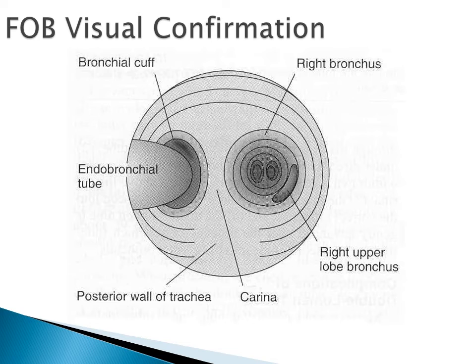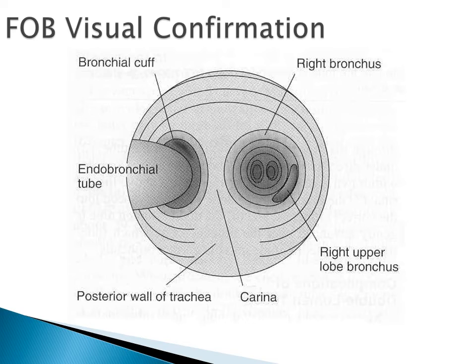There's your endotracheal side of the tube. That's the balloon. Now you're looking into the right. Now you're never going to see this. It's never going to be this pretty. But there's your upper lobe takeoff, and then your middle and your lower lobe takeoff. But you will see the carina clearly. You will see this tube clearly with the cuff, and you will see this takeoff of the right side.